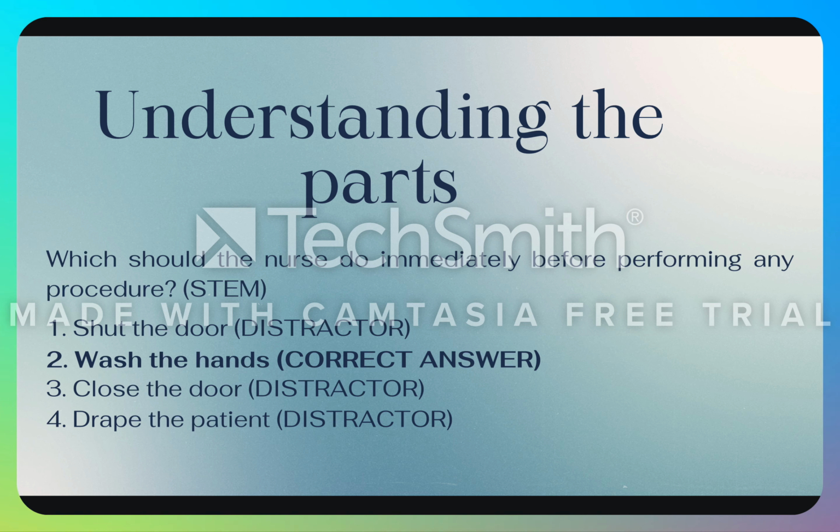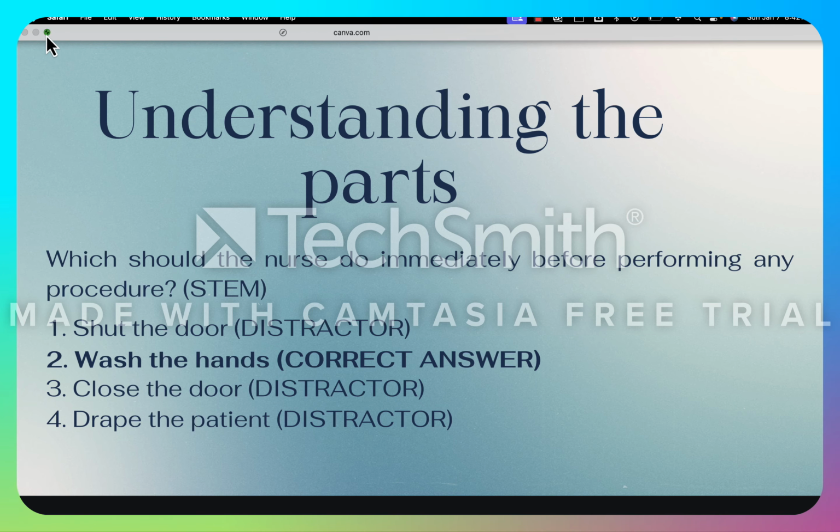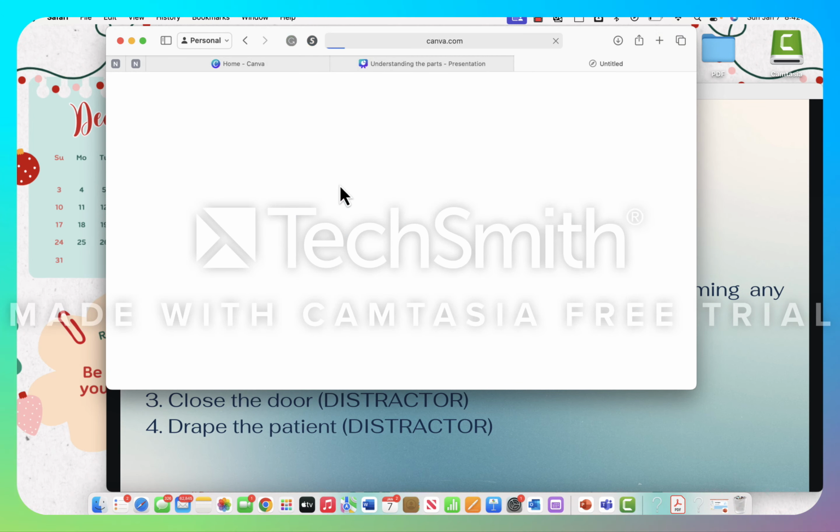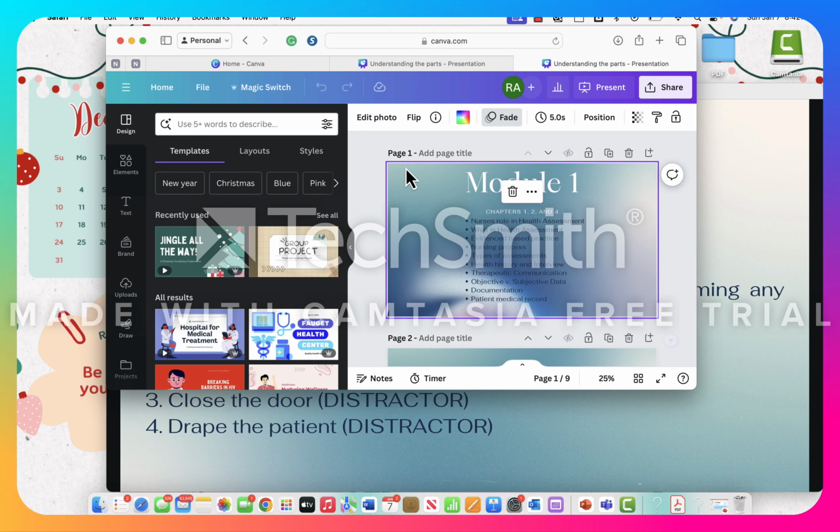Then we have, I can't see my stuff. Hold on. Bear with me, y'all. I'm sorry. Where are my notes? I made myself some notes in here.